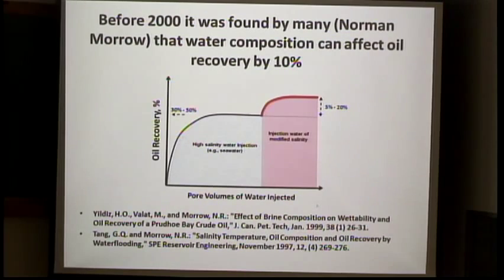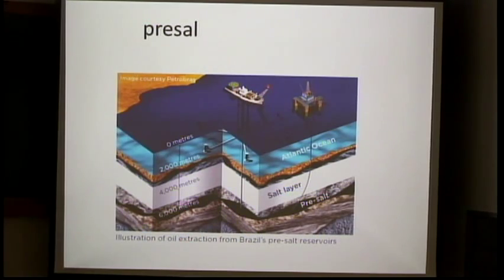So let me talk about the application. Of course, here in Brazil, we talk about the pre-salt. There is a high quality oil. And this salt layer makes it not extremely different from the oil being on the moon.